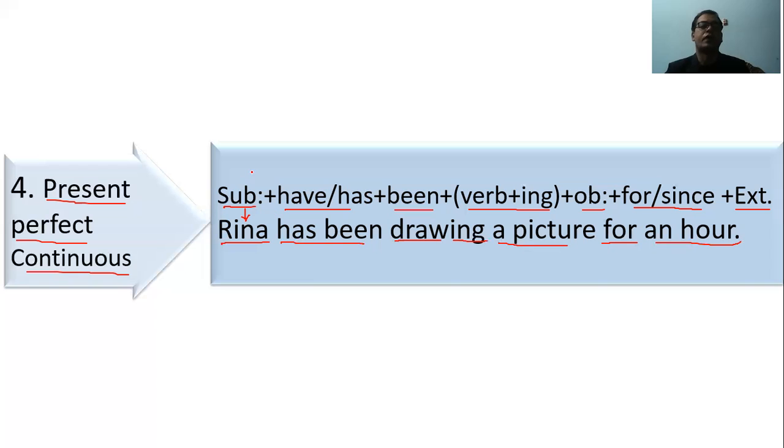So we have completed here present perfect continuous tense. I hope you all are able to learn and understand this topic.